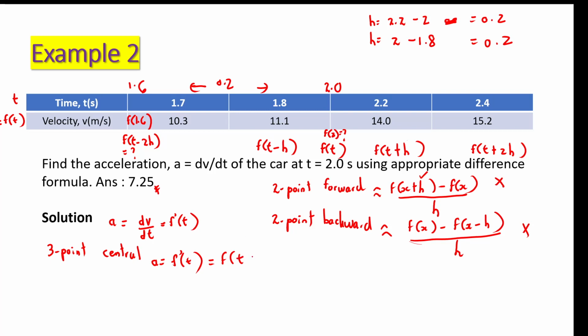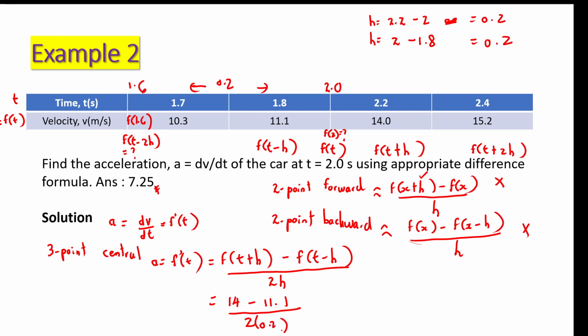It will be f(t+h) minus f(t-h), divided by 2h. f(t+h) is 14, f(t-h) is 11.1, and h is 0.2.